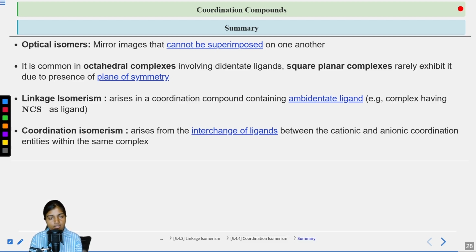So in the same complex, if the ligands interchange and form bonds with the central metal, changing their positions between the cationic and the anionic coordination entity, then coordination isomerism is shown by that complex. This is the summary of the content that we have covered today.